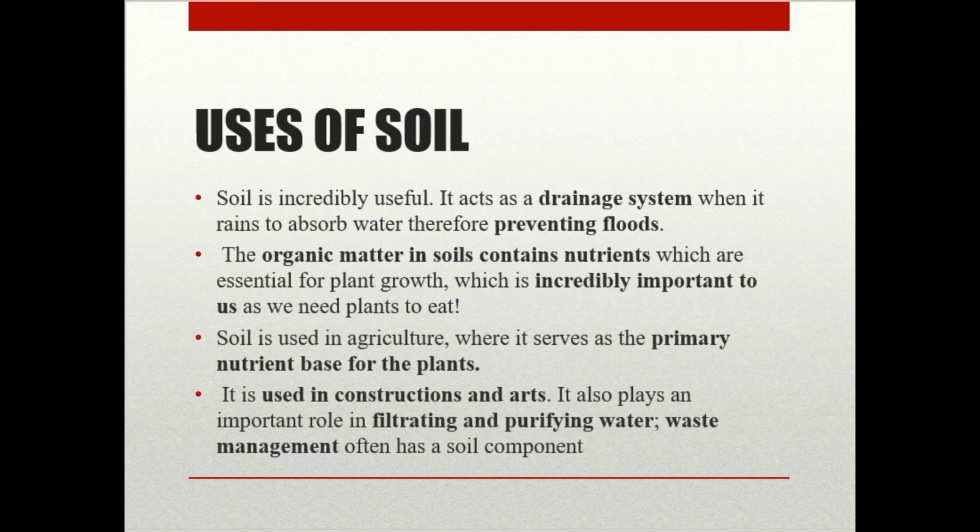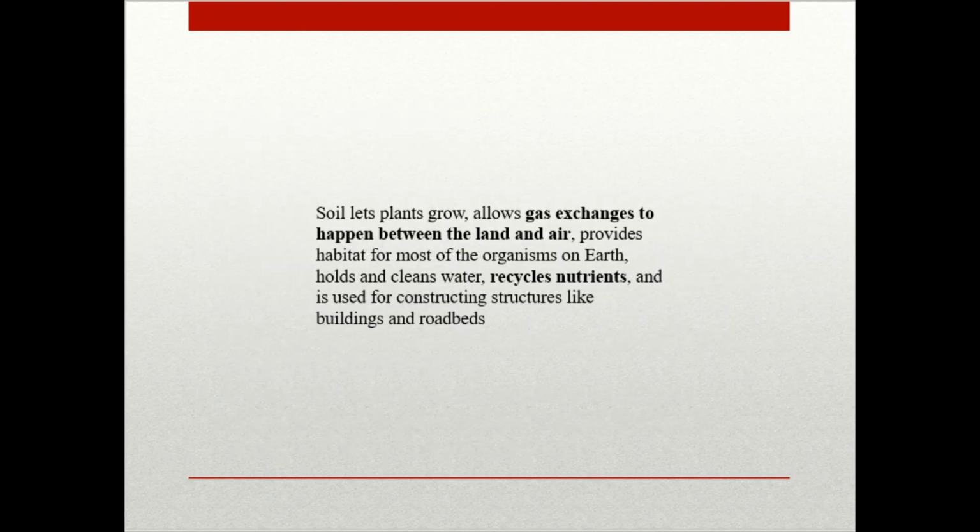It is used in construction and arts. It also plays an important role in infiltrating and purifying water. Also helps in waste management. Soil lets plants grow and allows gas exchange to happen between land and air. It provides habitat for most organisms on earth. We are also included.